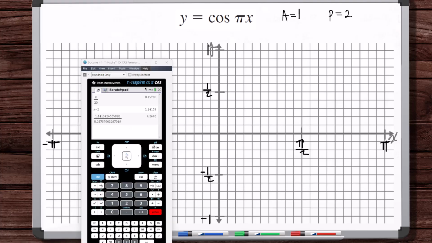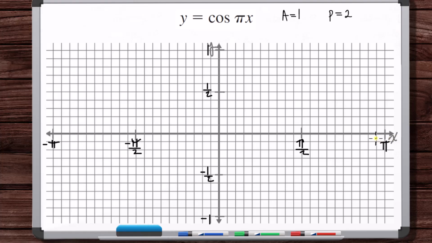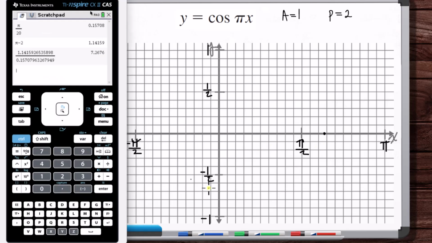About 7.3. So, 1, 2, 3, 4, 5, 6, 7. About right there is where the period ends. Now 20 minus this gives the period in terms of tick marks.